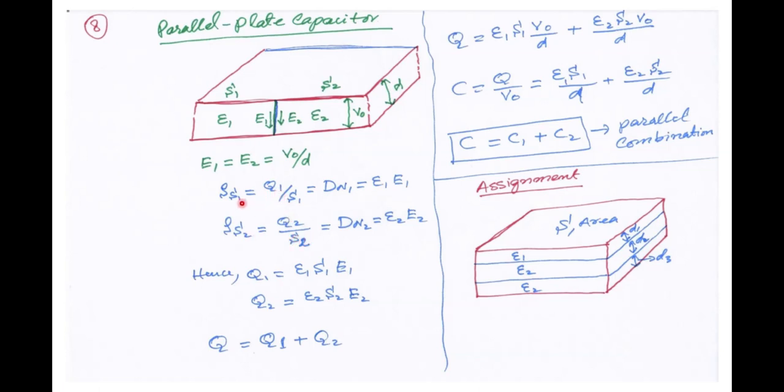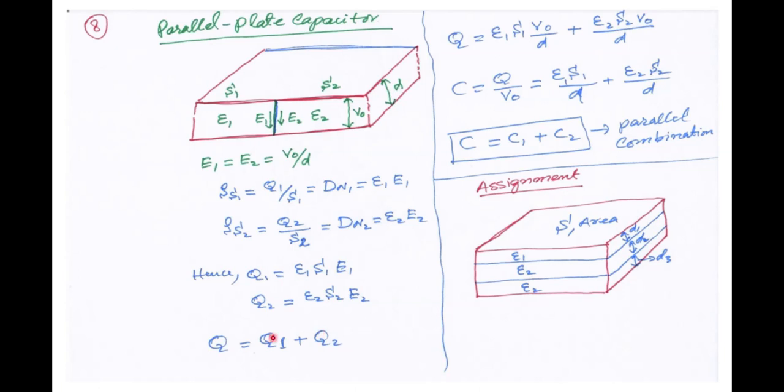So replace rho S1 and rho S2 in these two relations. We obtain the total charges residing on S1 and S2: Q1 is equal to epsilon 1 S1 E1, and Q2 is equal to epsilon 2 S2 E2. According to linearity, the total charge on the conducting sheet is equal to Q1 plus Q2.